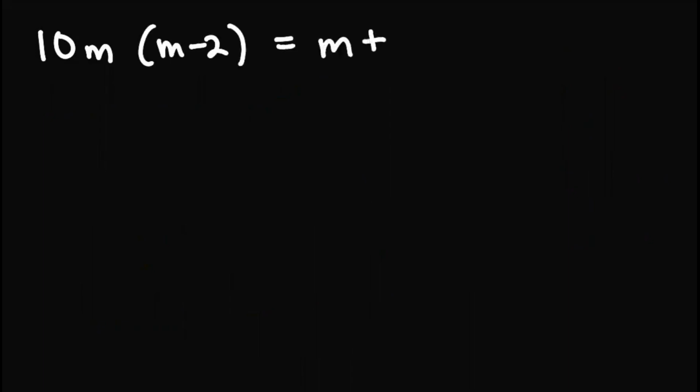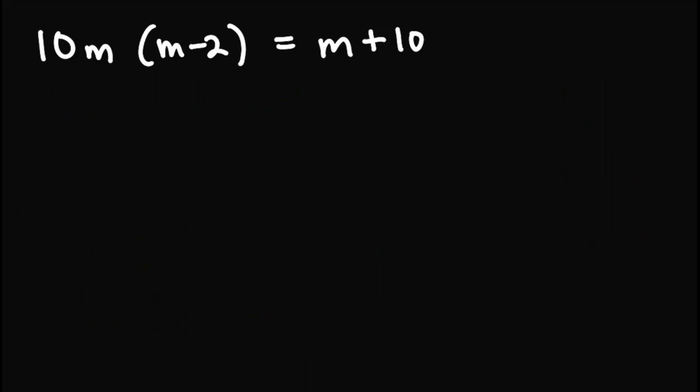Let's have this one final example. Let's have 10m times m minus 2 equals m plus 10. Now if you look at this one, it might seem that there are no variables with degree 2. Does that mean that this isn't a quadratic equation?